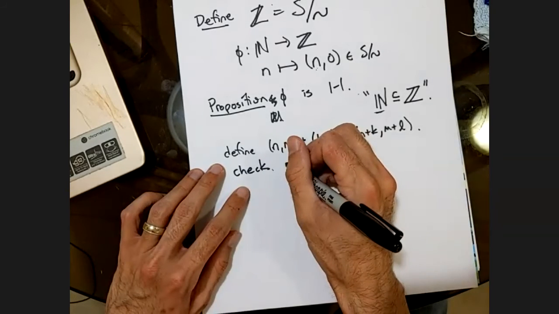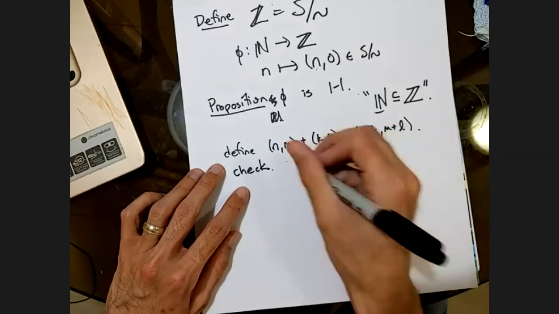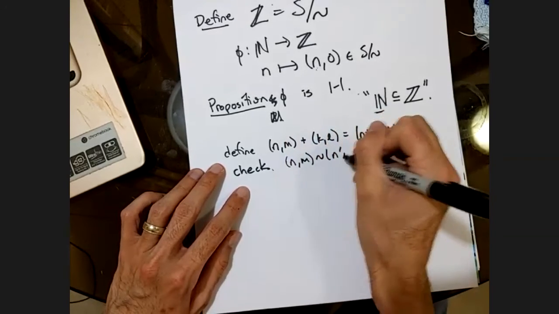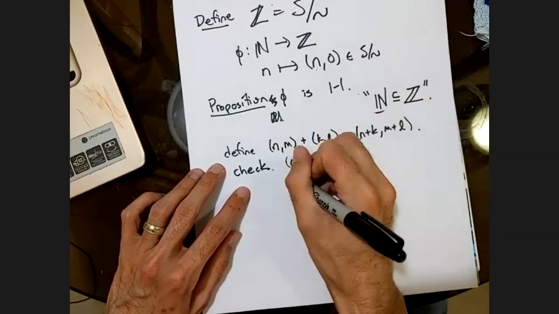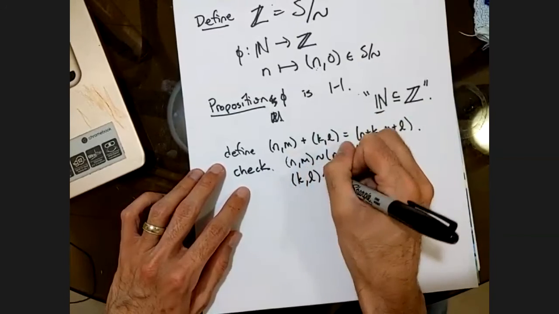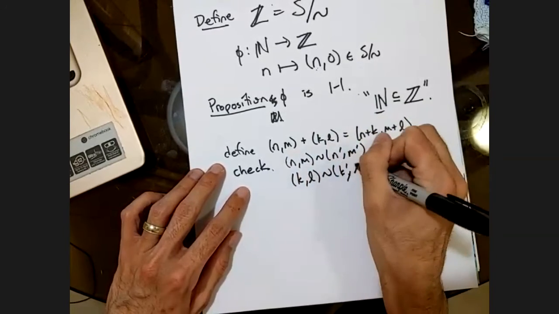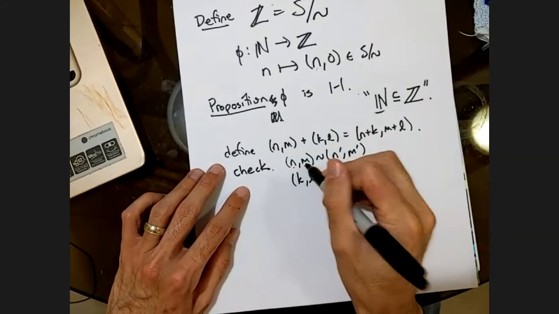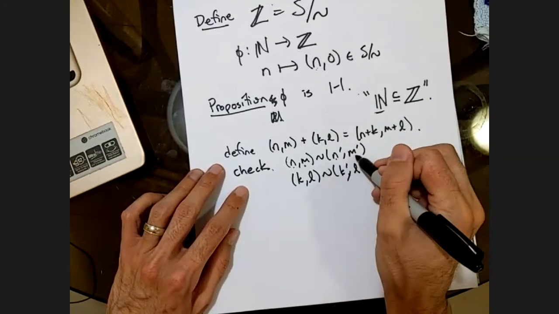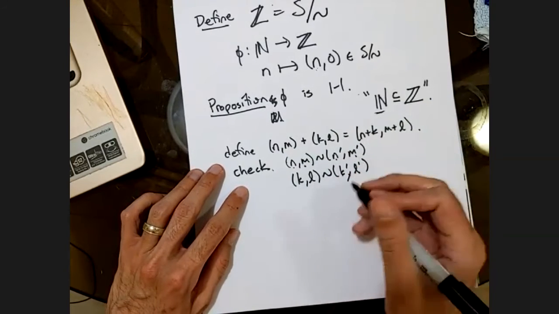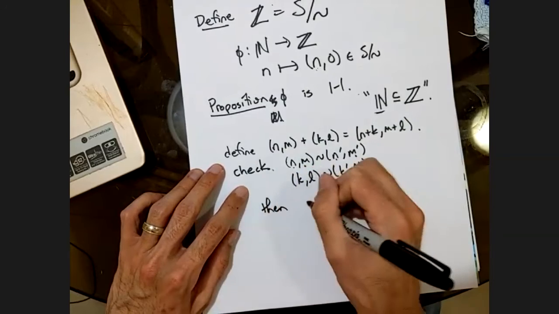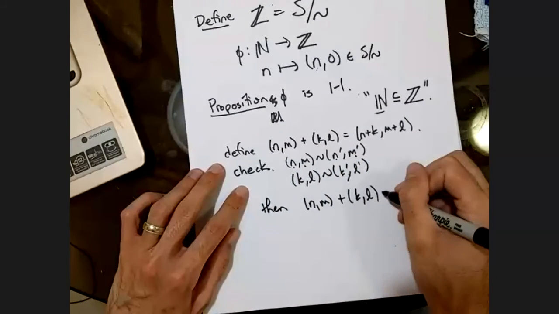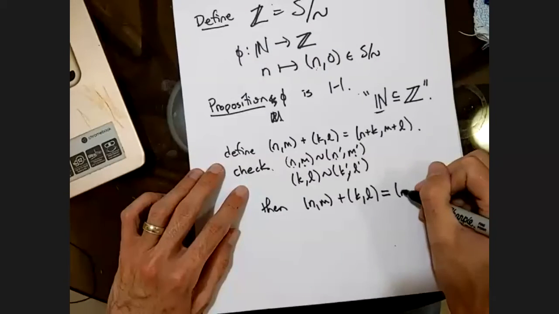So you have to check that if (n, m) is the same difference as (n prime, m prime), and same for k and l, then when you sum them, you get the same thing.